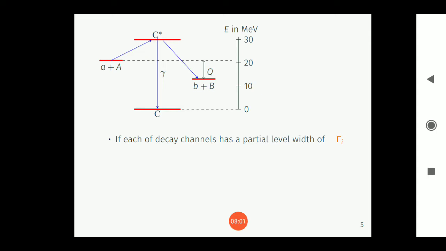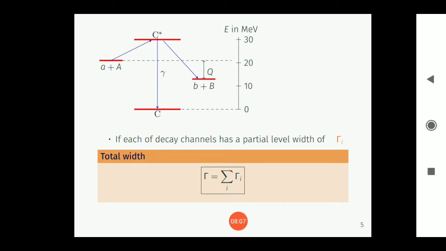So if each of these decay channels has a partial width gamma i, then the total width can be written as the algebraic sum of all the partial widths. So that's an important expression for total width.